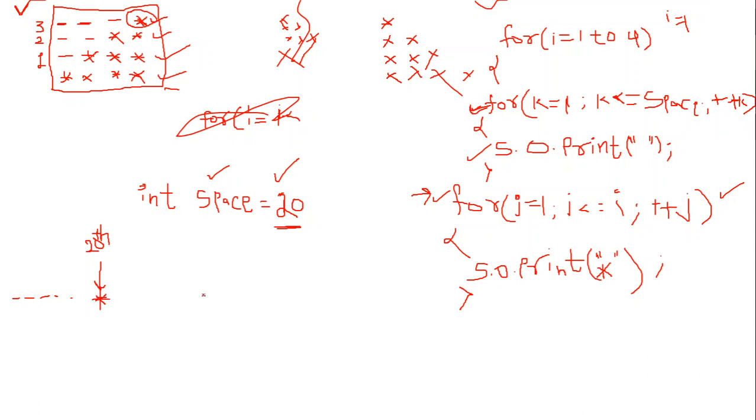Okay, after this step, see very carefully. As you can see, in the first row we have three spaces. After that, two spaces. After that, one space. So you clearly see that spaces are decreasing continuously. So I will decrease this space integer variable by one after this for loop.